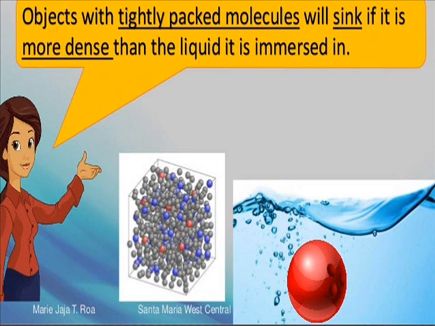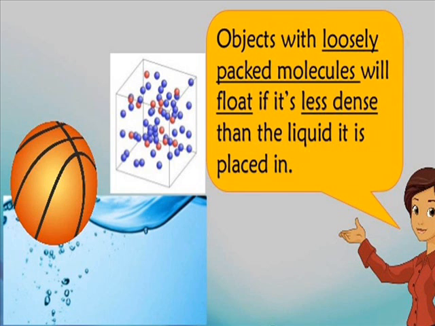So objects with tightly packed molecules will sink if they are more dense than the liquid they are immersed in. This is an example of loosely packed molecules, like the basketball. Objects with loosely packed molecules will float if they are less dense than the liquid they are placed in.